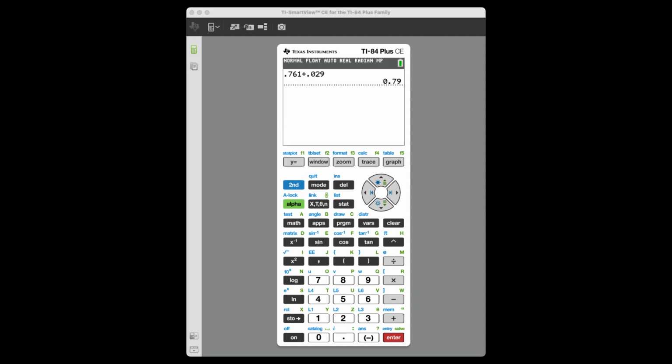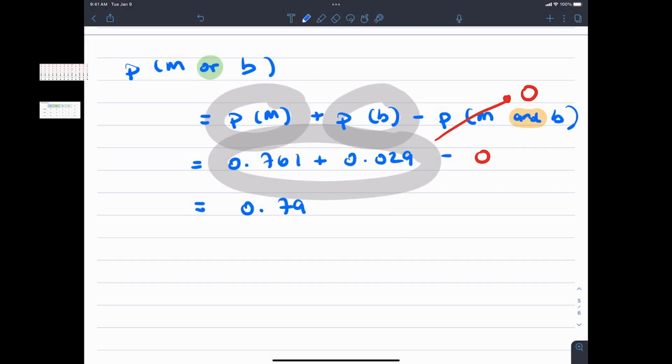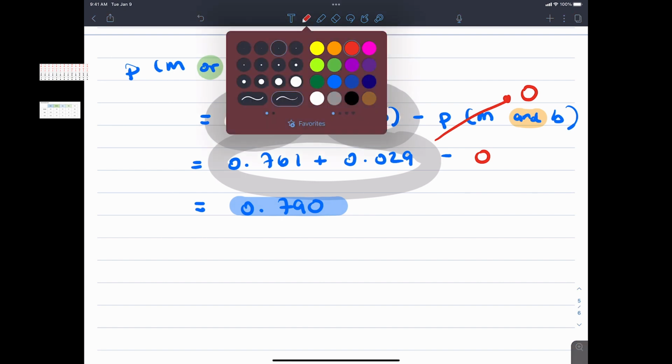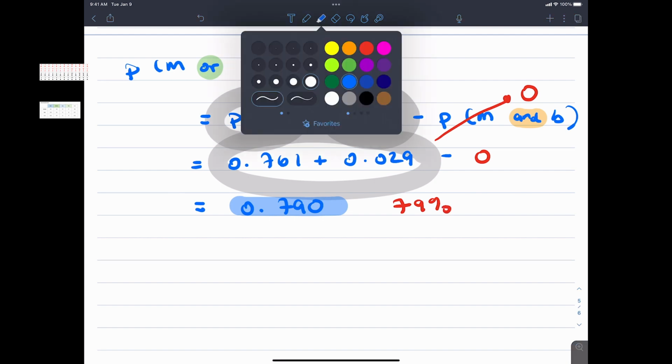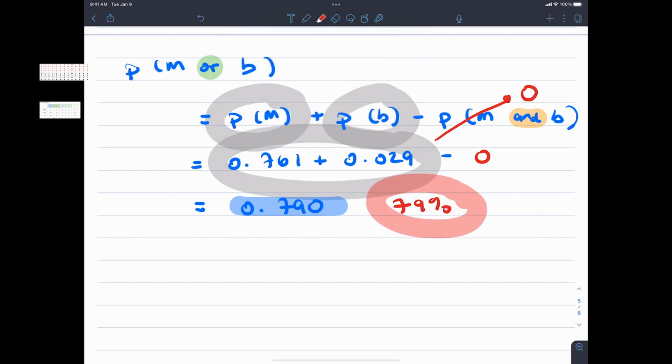And you might even say, I thought you had to go out to 3 decimal places. Well, you can put the 0 there. And that means, by the way, 79%. So 79% of the passengers on the Titanic were either men or boys.